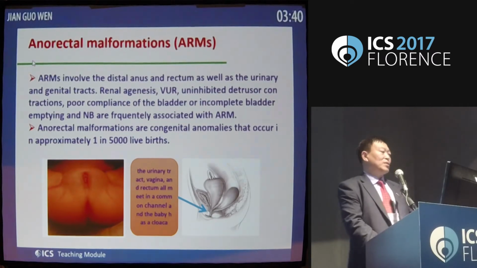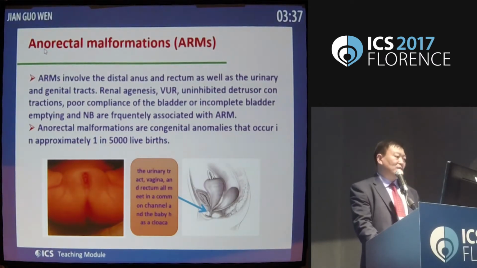Finally, the abnormality in infants is anorectal malformations, because these cases involve the distal anus and rectum as well as the urinary genital tract. Also, in many cases there is renal agenesis, reflux, uninhibited detrusor contraction, poor compliance, a lot of problems with the bladder function or lower urinary tract dysfunction.